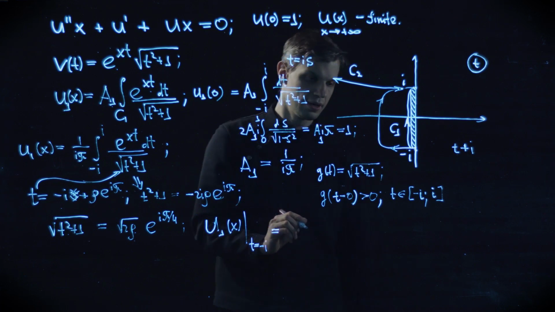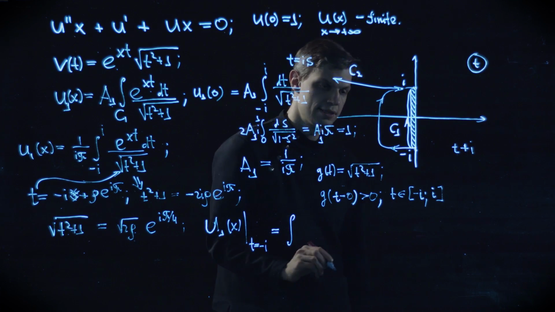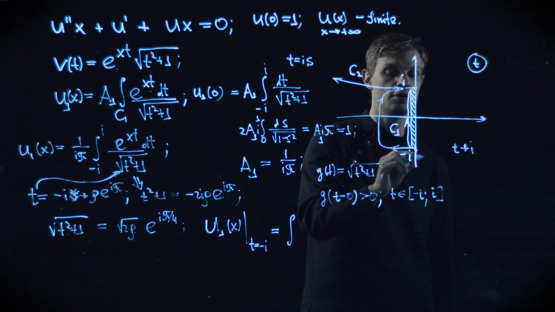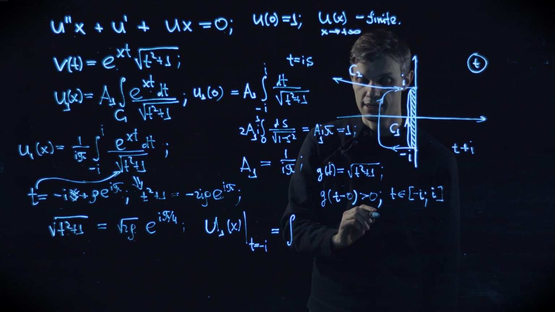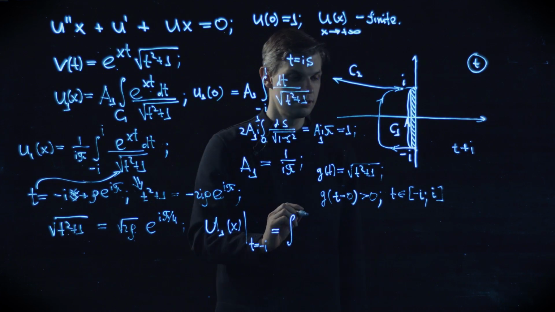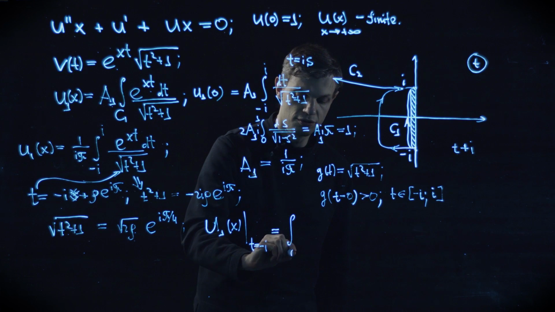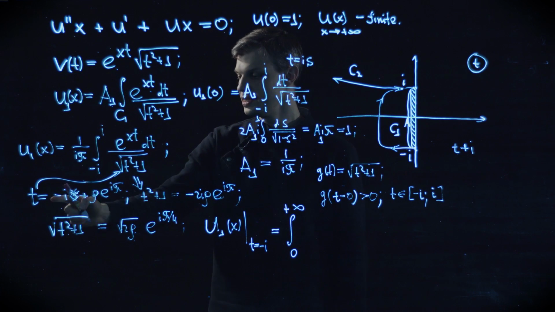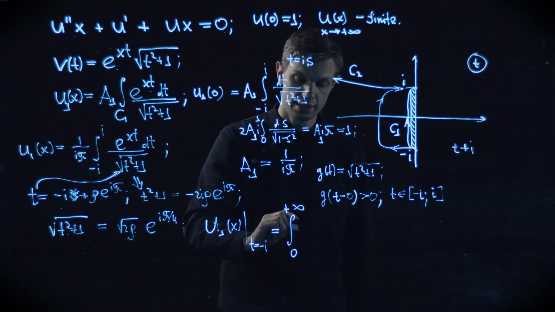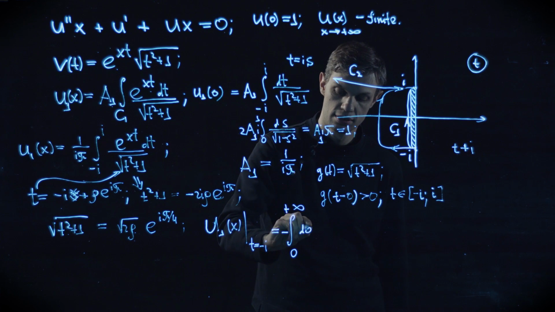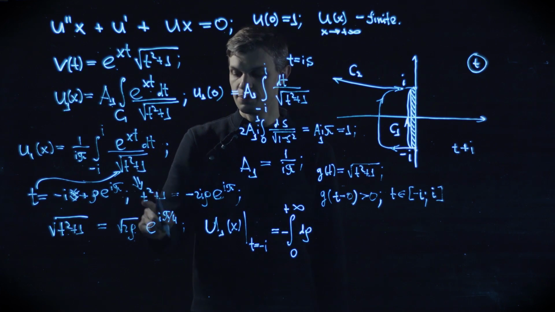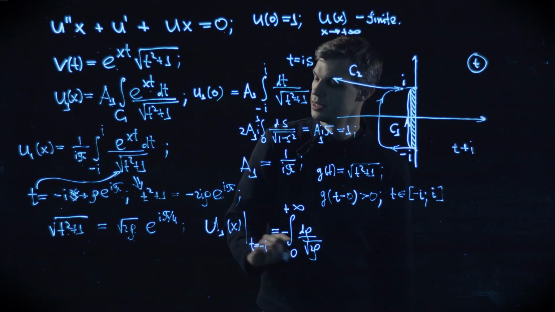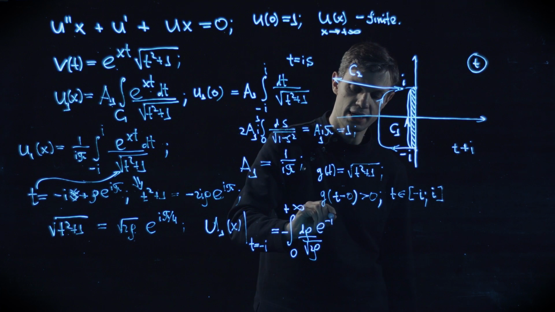We may integrate from this point to infinity because only the small vicinity of this point contributes to the integral, so the integral goes from 0 to plus infinity. So dt is equal to e to i pi, so it's basically minus dρ. The square root is computed here over square root of 2 rho times e to minus i pi by 4.